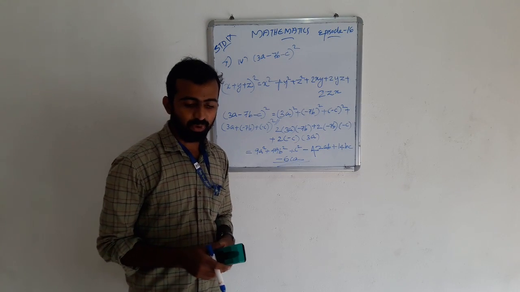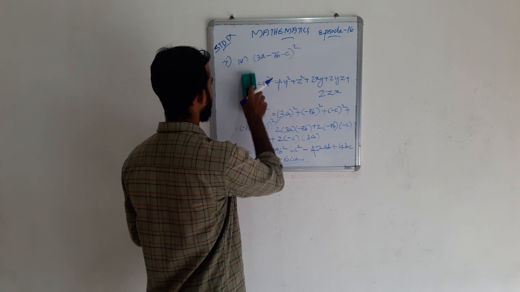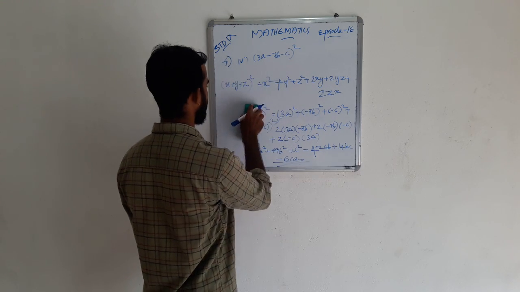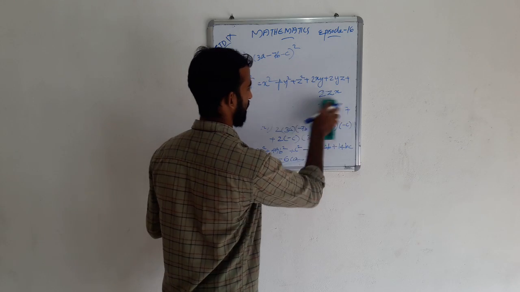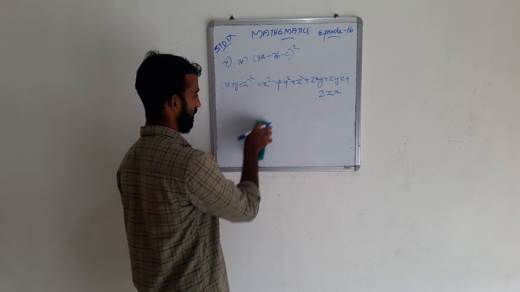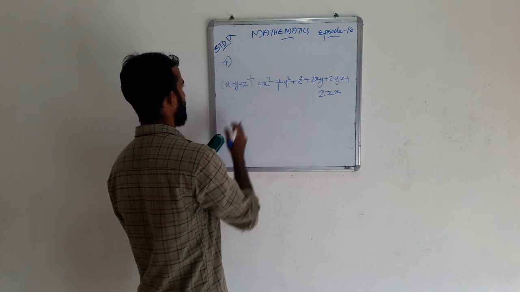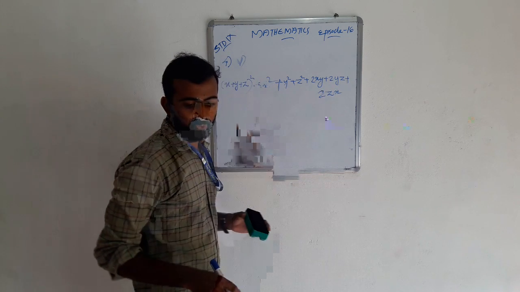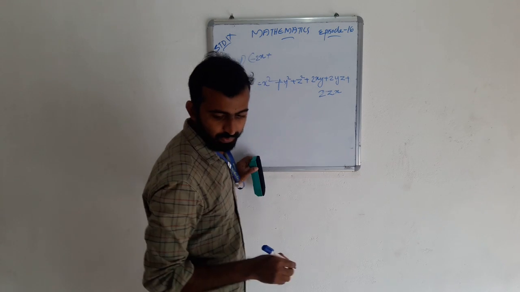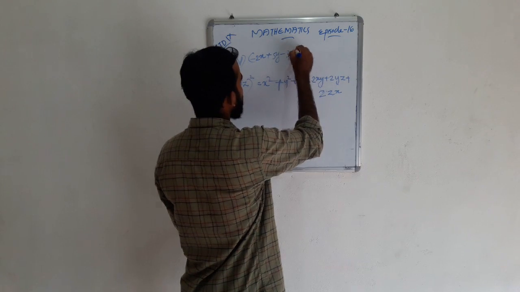And next one, what is fifth one? Fifth question is negative 2x plus 5y minus 3z the whole square.